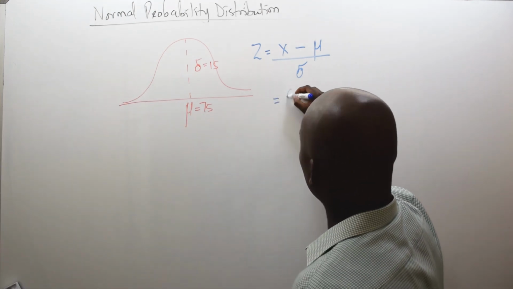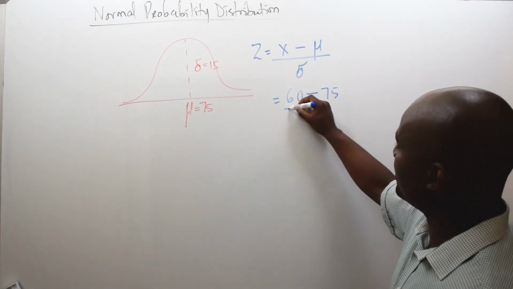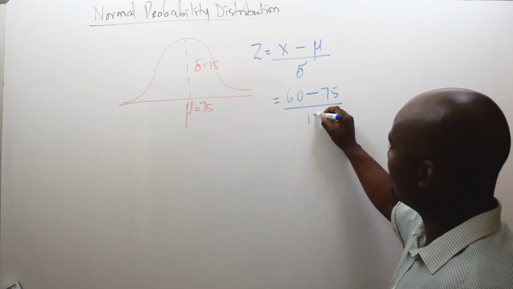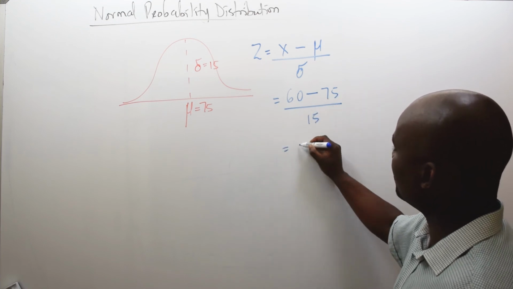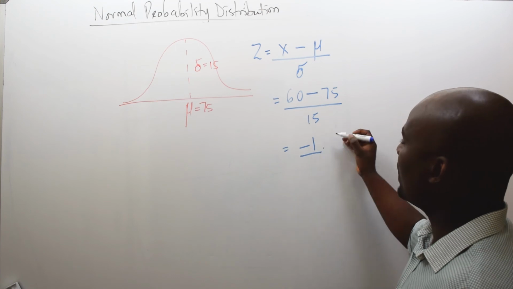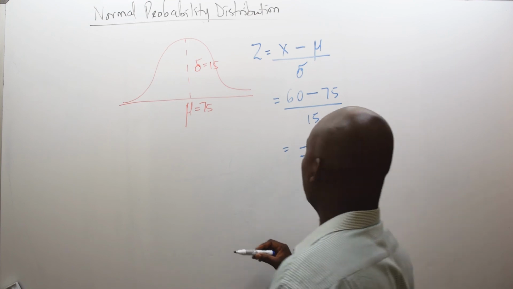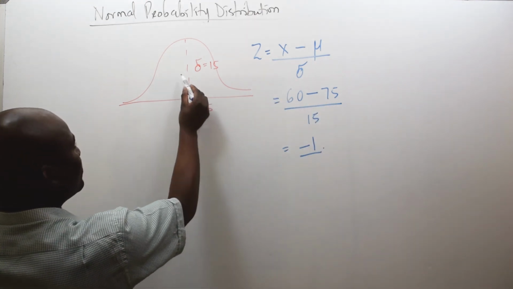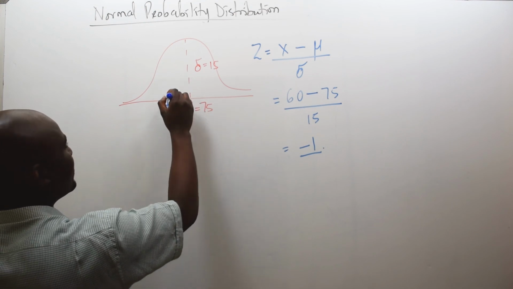So this is going to be 60 minus 75 divided by 15. So this is minus 15 divided by 15, which is minus 1. This is a z of minus 1. So the z of minus 1 is like moving 1 sigma this side.